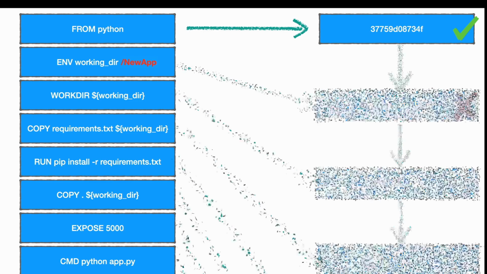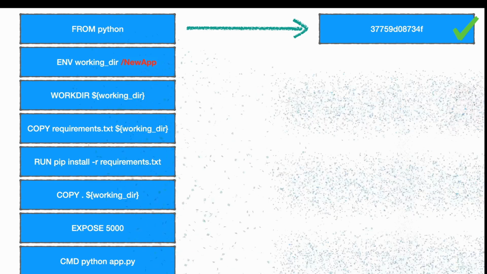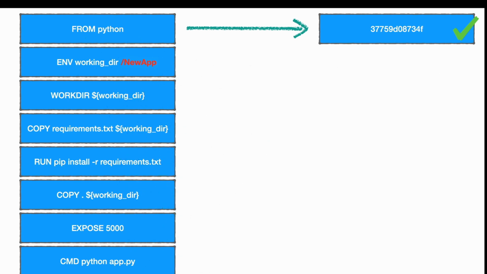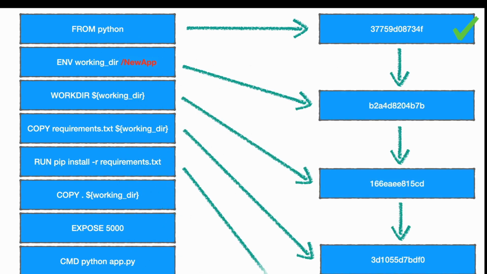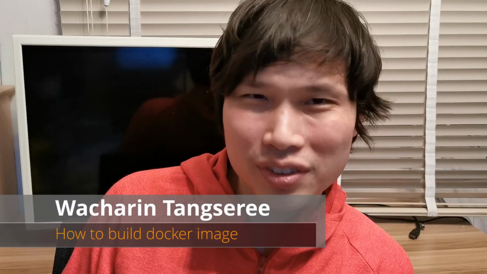So Docker will remove everything and start recreating the new ones with the same process I explained previously, and after that we finish having the new image. And that's how the layers work.